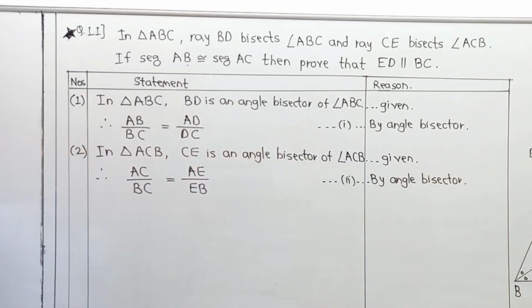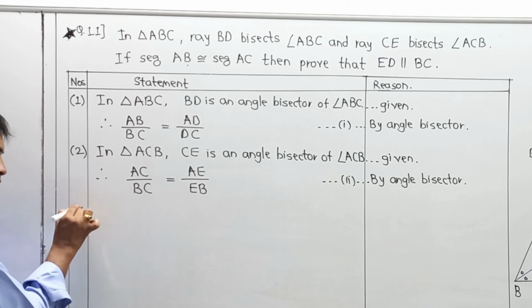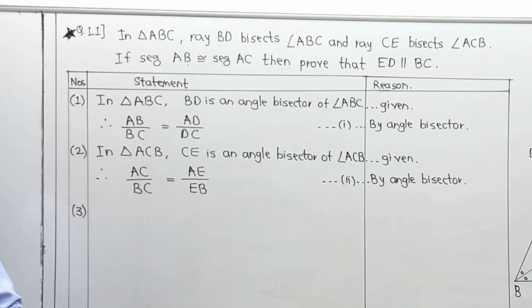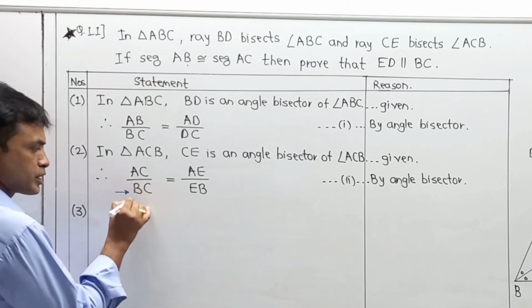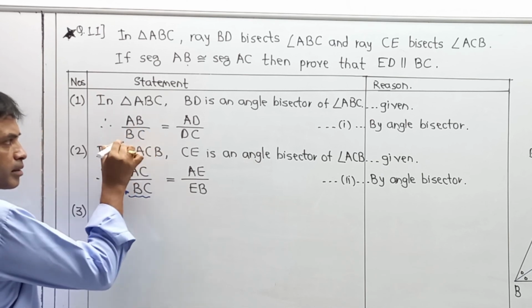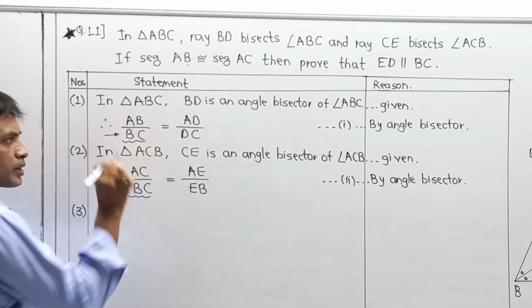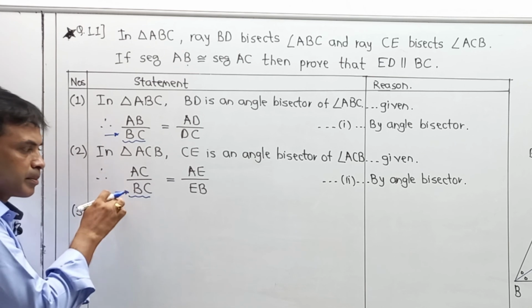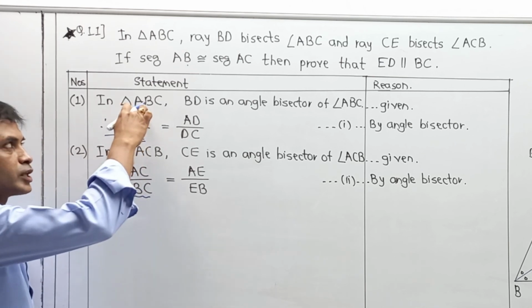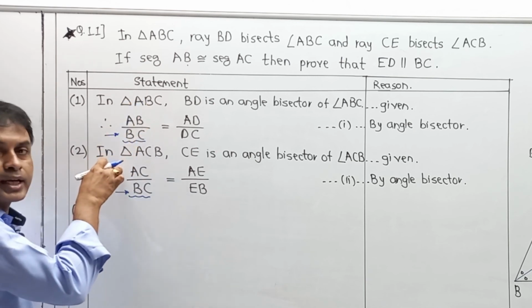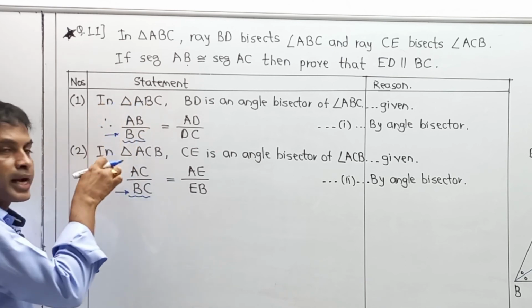Now the third part. Now remember one pattern which gets developed over here. For the first part the base is BC, and here also the base is BC. In both cases the base BC is the same on the LHS, and in the RHS the numerator here is AB and here the numerator is AC.